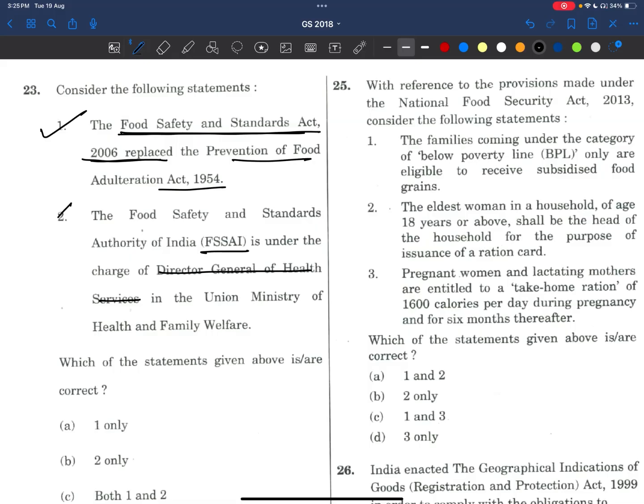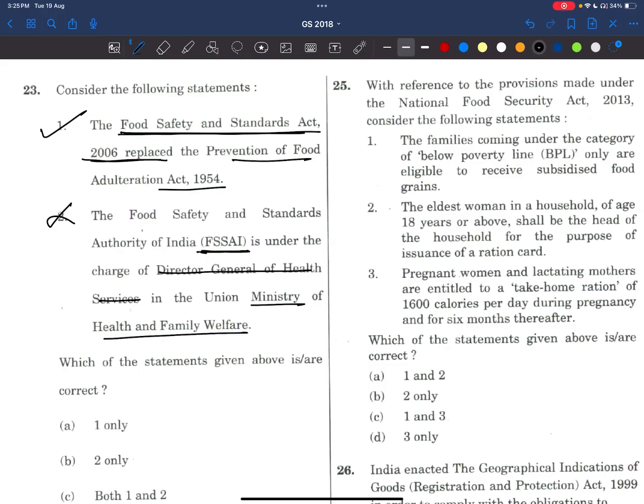But see, it is autonomous, right? But it is established under the Food Safety and Standards Act 2006, right? I have said before. Now, the Ministry of Health and Family Welfare is the administrative ministry which implements this FSSAI Act. Okay, please keep this in mind. Now it is an independent authority and it is functioning under the Ministry of Health and Family Welfare.